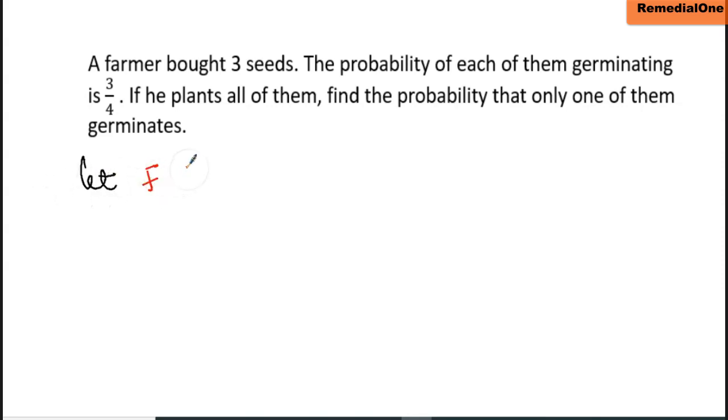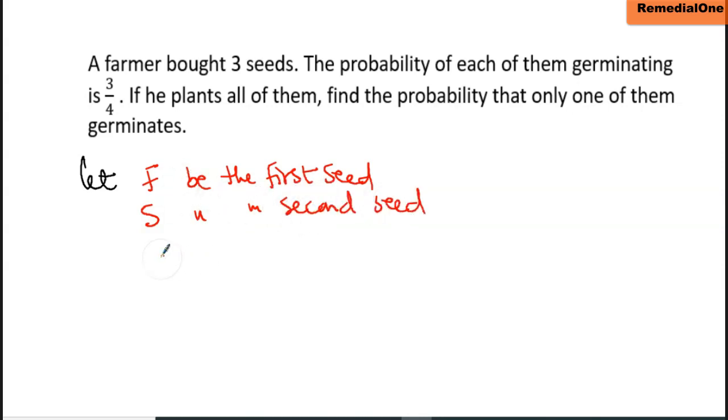Okay, so let F be the first seed, let S be the second seed, let T represent the third seed.